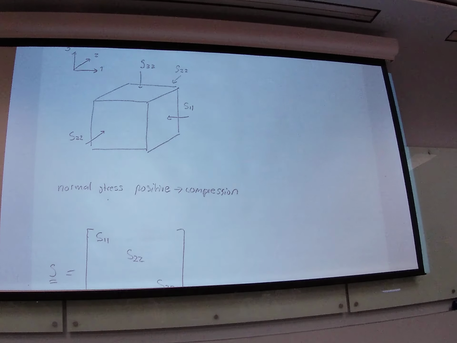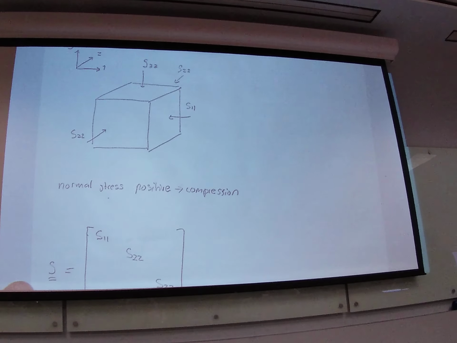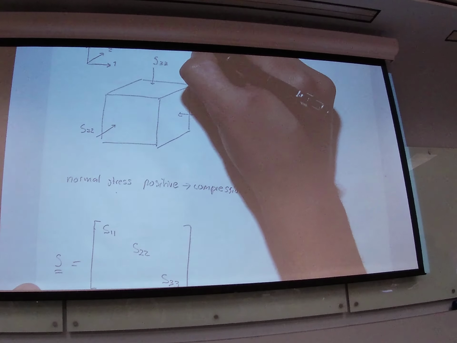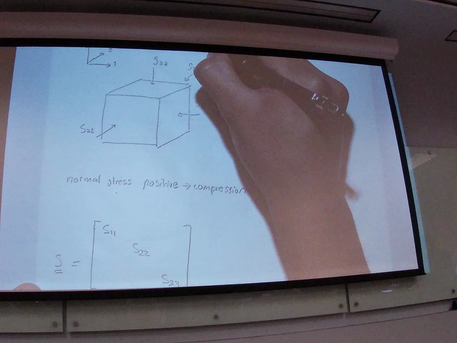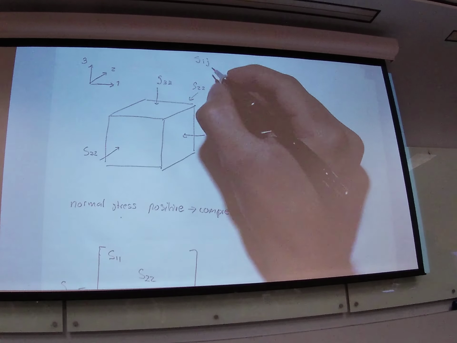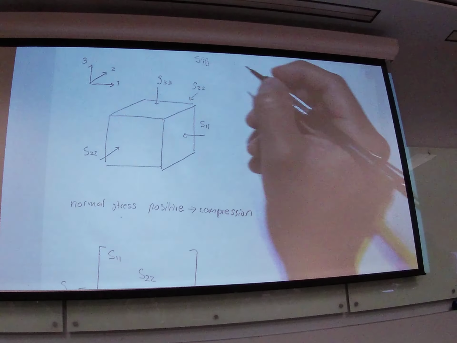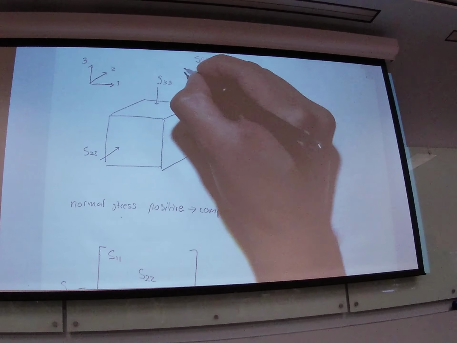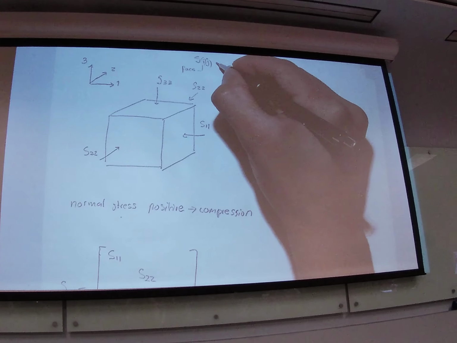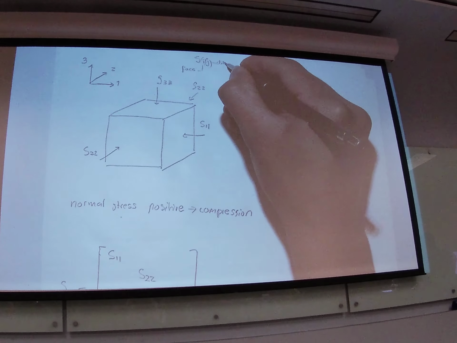Probably it would be good also to say now that all of these stresses, what they mean is, when I write S12, the first element is the face on which it is applied, and the second one is the direction.